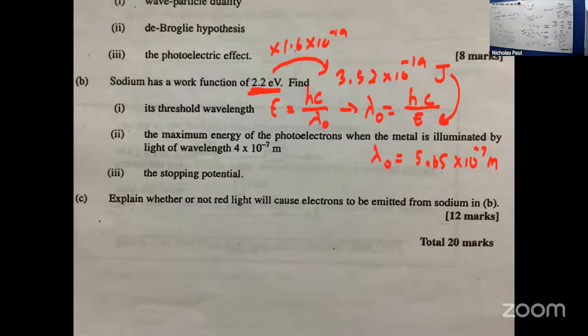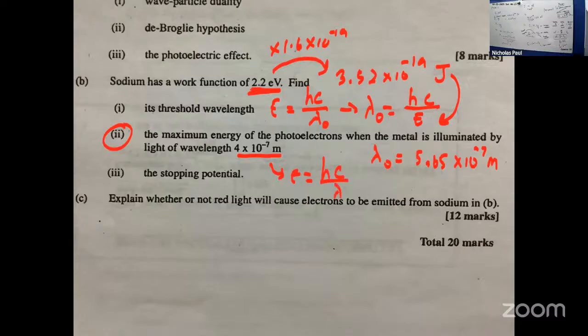Last one. Part 2. What's the maximum energy of the photoelectrons when the metal is illuminated by light of that wavelength? E is equal to what? HF, well, we do have F. Very good.